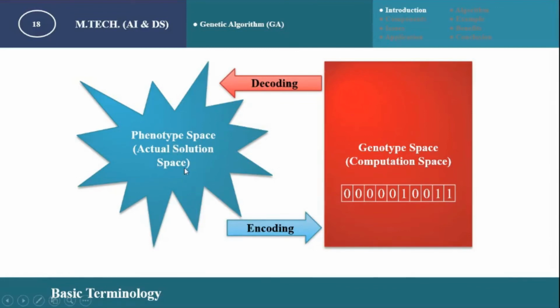That sort of decoding as well as encoding procedure should be fast, because if we have only this much value and want to find the corresponding fitness value, then it may be difficult. But if you convert that into the actual solution space, it is easier to find the actual fitness value.